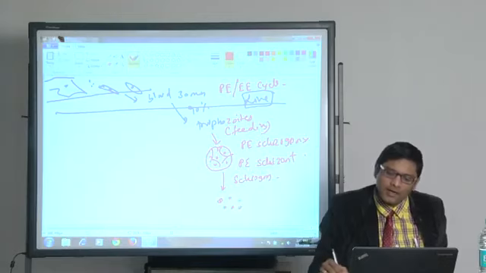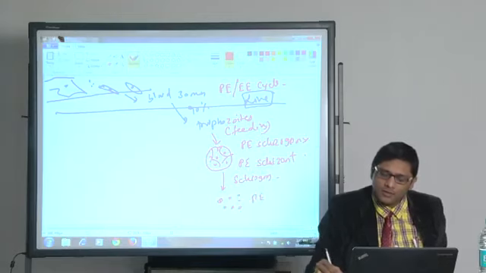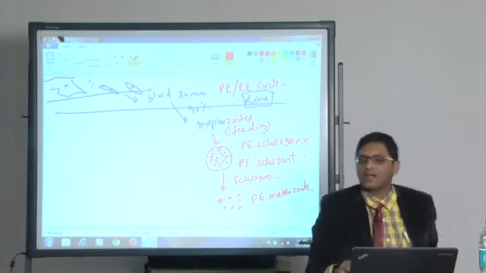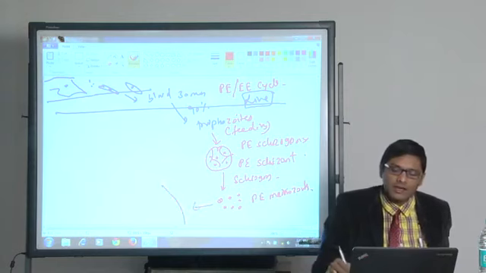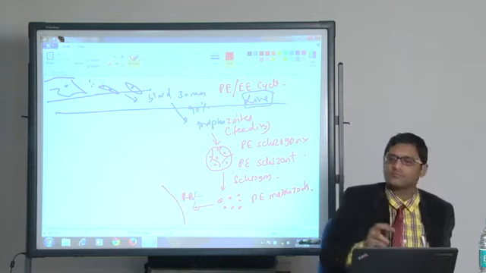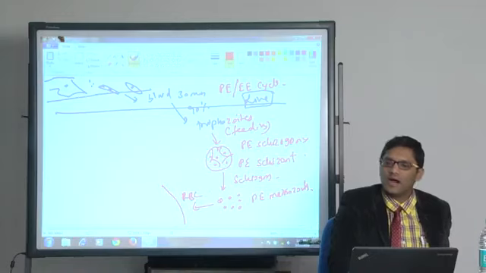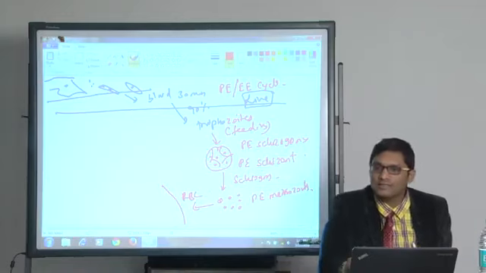The pre-erythrocytic schizont undergoes schizogony to release the pre-erythrocytic merozoites. Pre-erythrocytic merozoites are the infective form to RBC. They infect RBC.